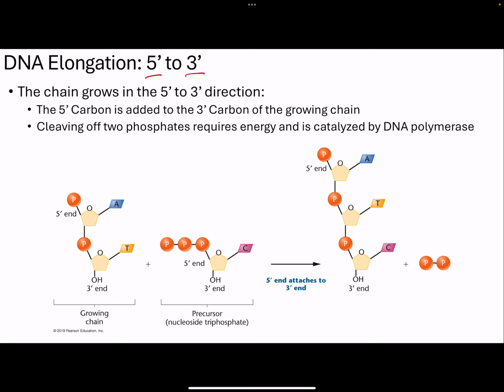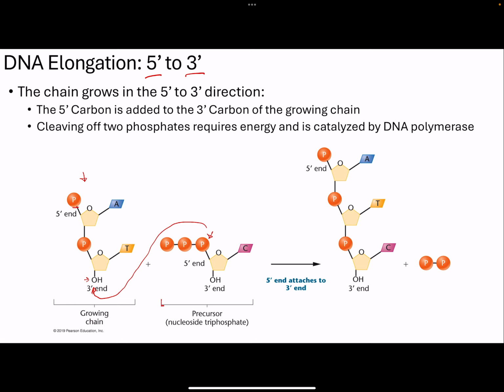What this literally means is if you look at the growing chain of nucleotides, which is what's shown here, the 5' carbon of the pentose sugar is attached to the phosphate group, and the 3' end of the growing chain is attached to this hydroxyl group. When a new nucleotide is going to be added to the growing chain, the 5' end is going to be attached to the 3' end.